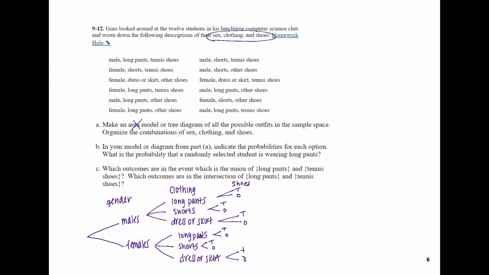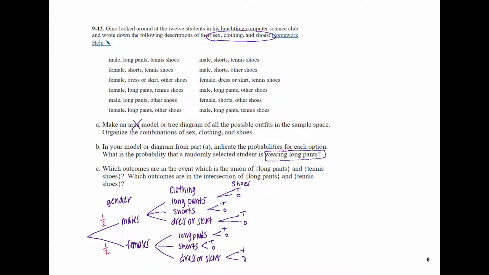Letter B says, in your model or diagram from Part A, indicate the probabilities for each option. What is the probability that a randomly selected student is wearing long pants? So looking at our information, we know that half of the data that we collected are males and half are females.